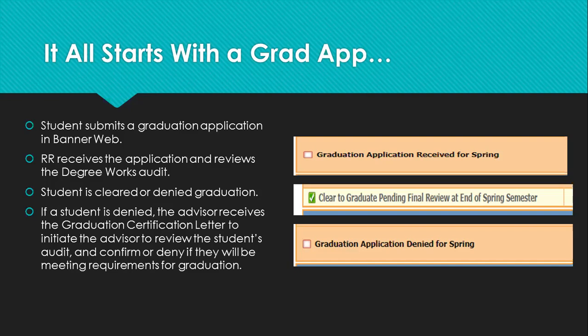I feel like you as advisors have conversations with the students, so you know if there's transcripts that are supposed to be coming in, if they're taking classes elsewhere. Maybe they just applied and they really shouldn't have, and they're graduating another semester from now. So it's really just my way of getting the advisors to look at the audit and confirm or deny if they're going to graduate in that term.